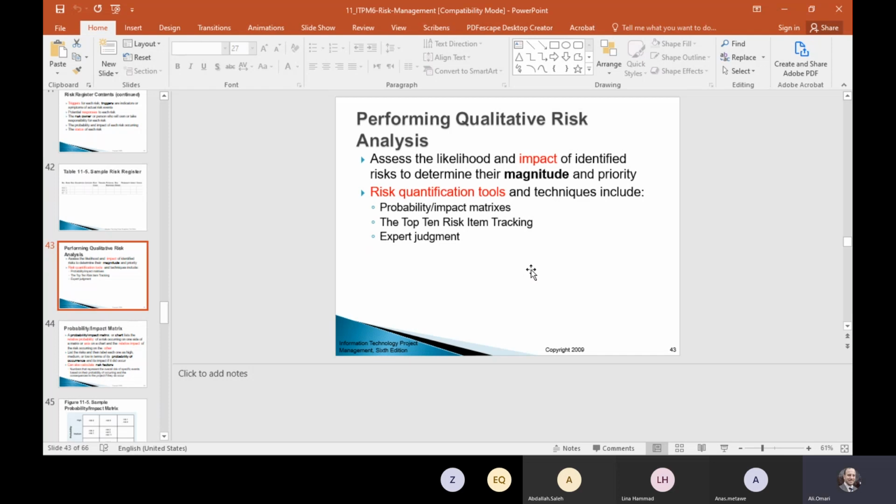For risk qualification tools, you need to calculate probability or create a probability impact matrix, a top 10 risk item tracker, and expert judgment. So for risk quantification tools, we can do a probability impact matrix, top 10 risk item tracker, and expert judgment.